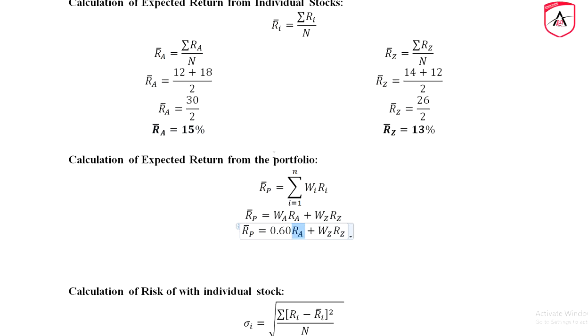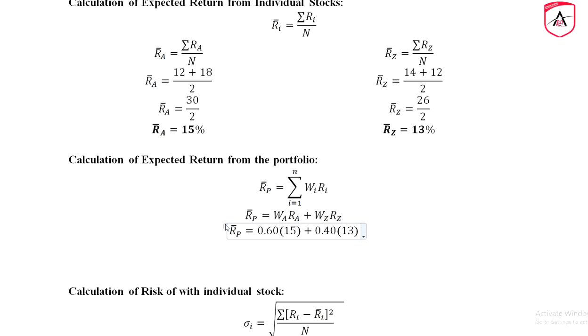So it is going to be 15%. And weights of security Z, he has invested 40%, so you are going to take it as 0.40, and return from security Z is 13, so you have to replace this with 13.